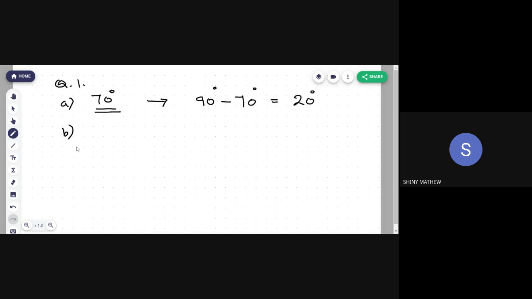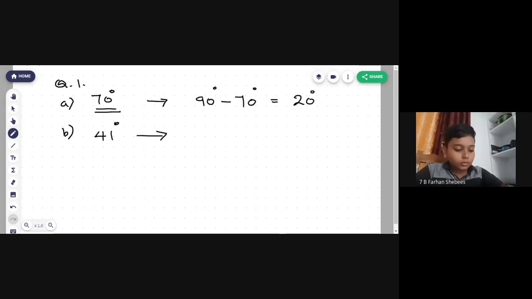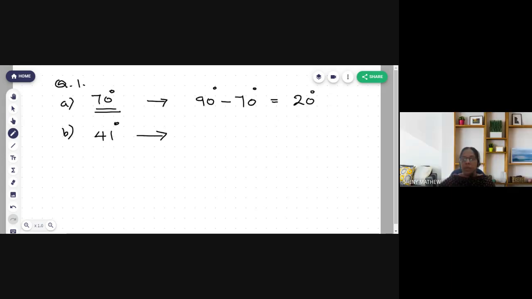Now you can write option B. Here, the given angle is 41 degrees. So you find the complement of 41. All of you got it? Yes, miss. Okay, Benna, can you say the answer?